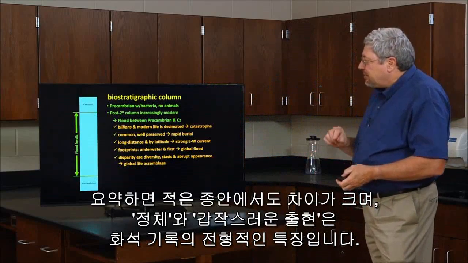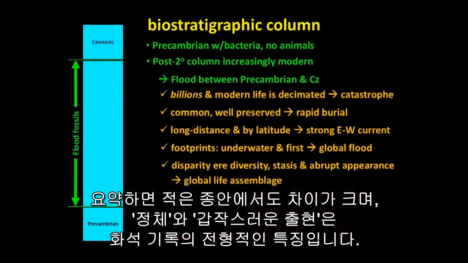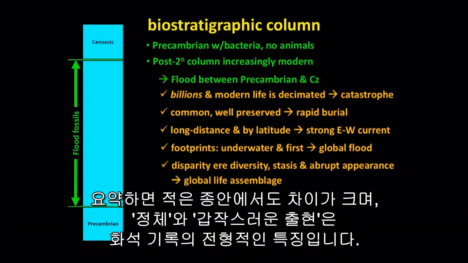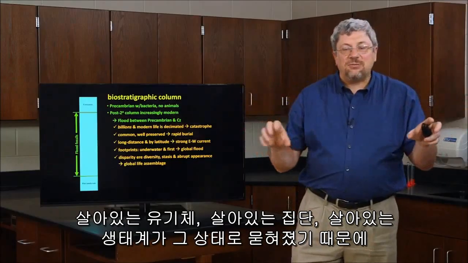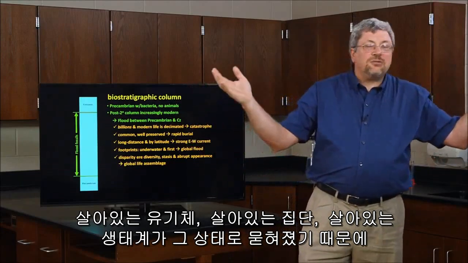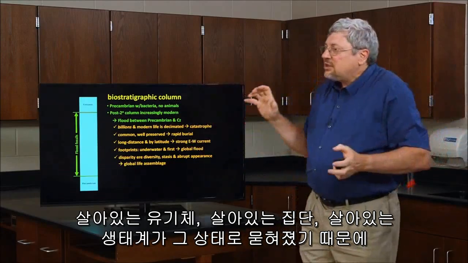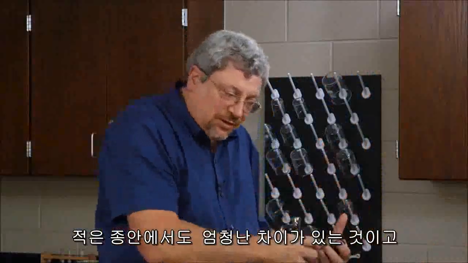So the disparity before diversity, the stasis and abrupt appearance, which is very common among organisms, suggests that we have what is called a global life assemblage. It's a living group of organisms, living communities, living ecosystems and biomes across the world that are picked up suddenly in a flood and dumped and buried.